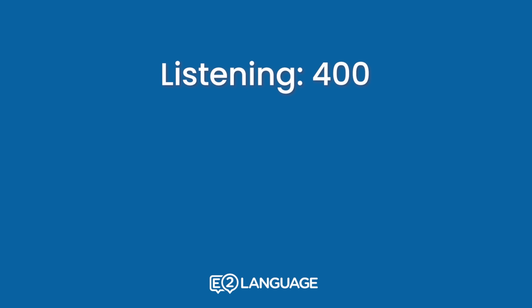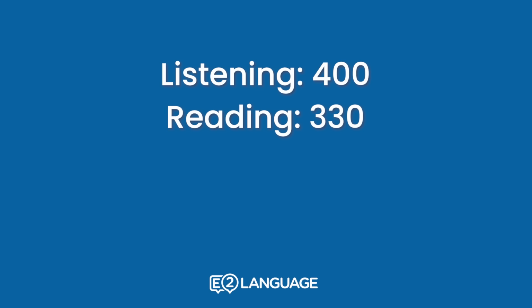Just before we look at each section of the test and how you can prepare for them, imagine that you've just received the results of your mock test or your official test, and let's say you're aiming for 350 in each of the 4 skills, but this is what you received. Listening, 400, great. Reading, 330, short by 20 points.